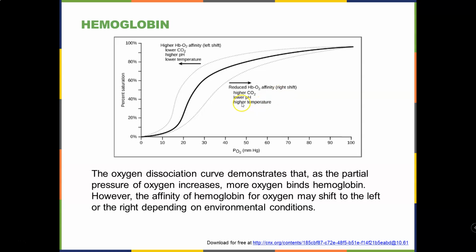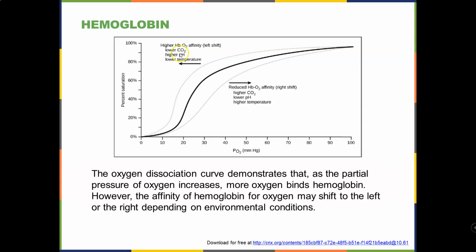Well, what happens if we lower the pH, if we make the fluid that the hemoglobin is in more acidic, or if we increase CO2, which is a result of increasing the amount of CO2, higher CO2, more CO2 dissolves in water, that becomes carbonic acid, which lowers the pH. Also, at higher temperature, hemoglobin has a harder time holding on to oxygen, so we lower this curve. It's lower. We're not holding as much oxygen under these conditions right here.